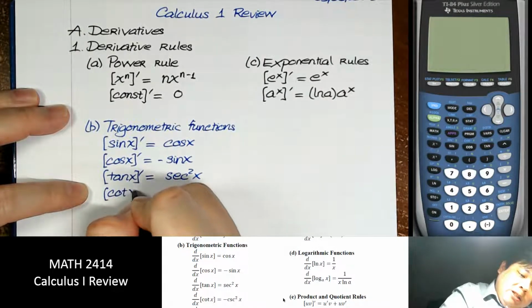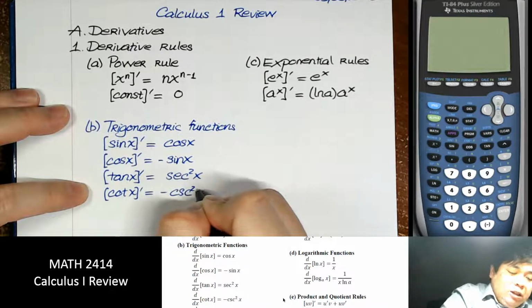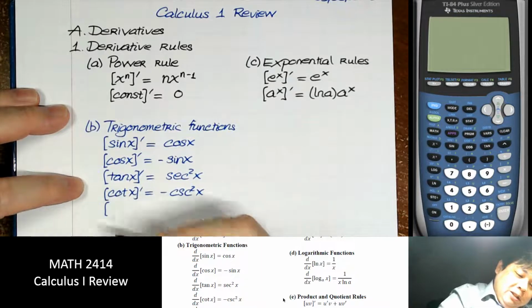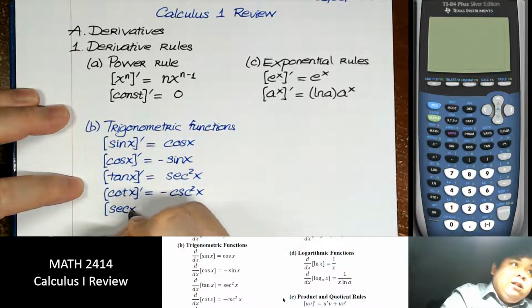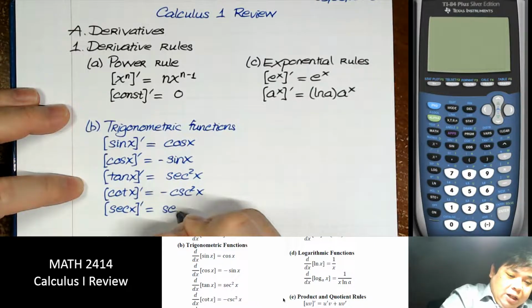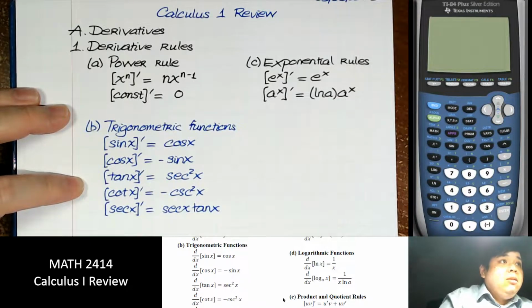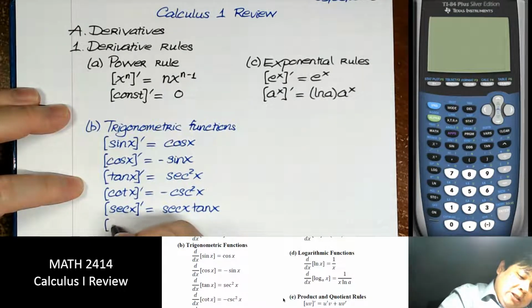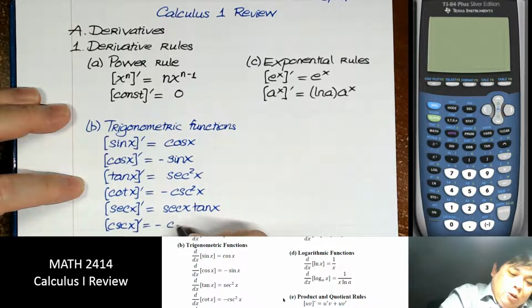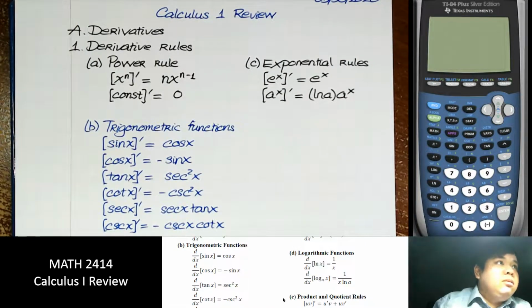Cotangent: negative cosecant squared. Secant x: secant x tangent x. And cosecant: negative cosecant cotangent.